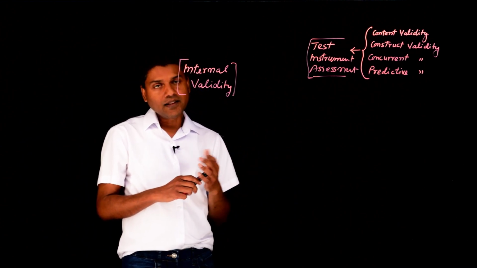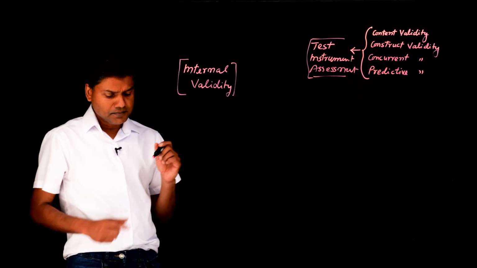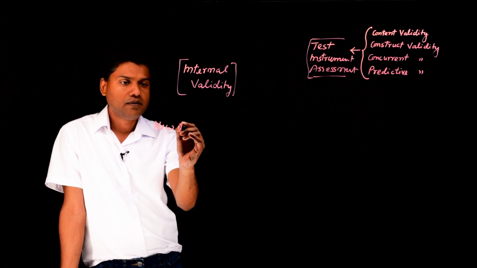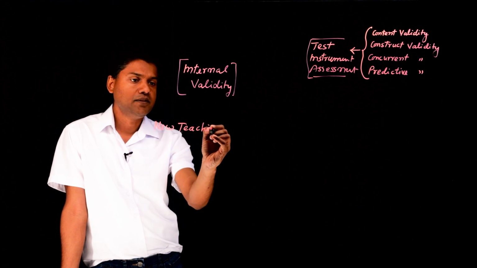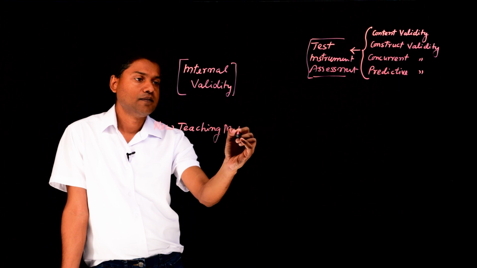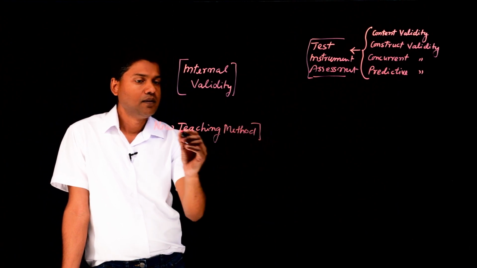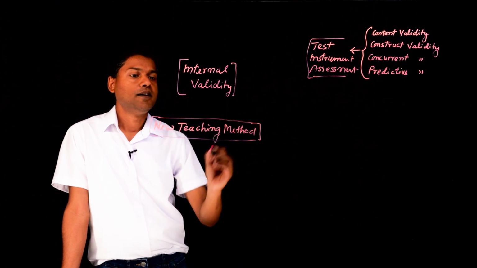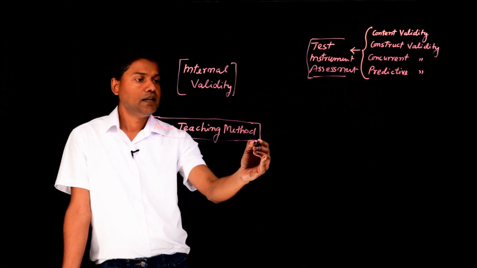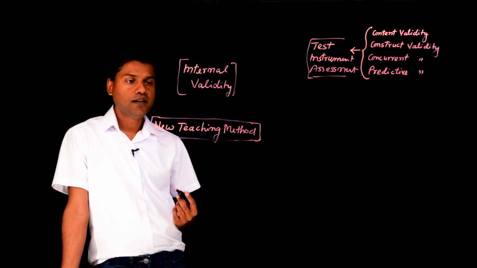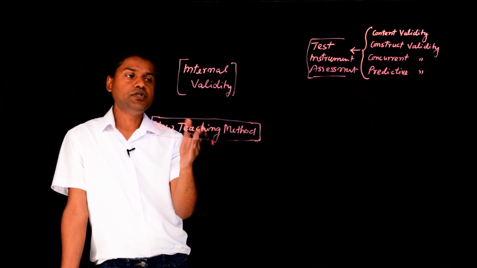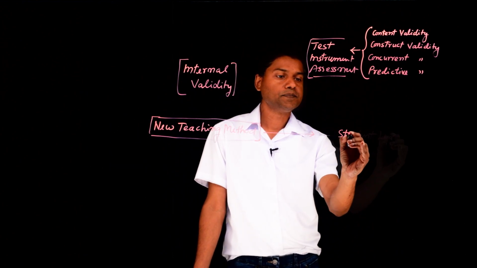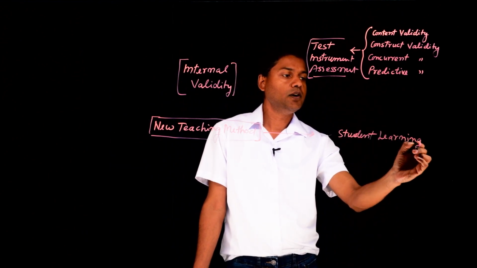So let's understand this with an example. Let's say I develop a new teaching method. As a researcher, I develop a new teaching method, and I want to see the effect of this new teaching method on student learning.